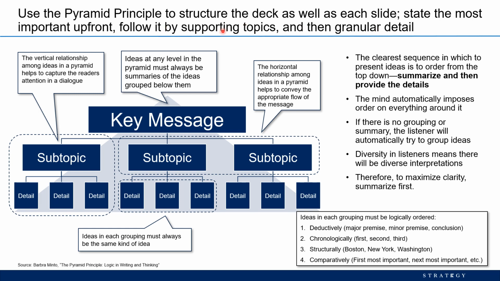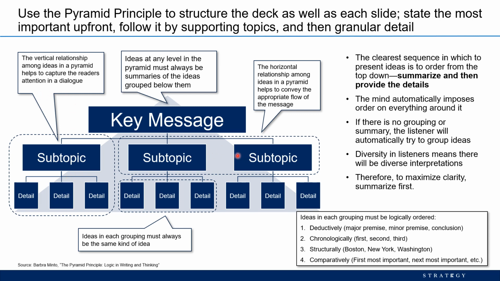Then if we're going to move down into supporting topics, we look at this graphic. This graphic very quickly can convey what the pyramid principle is just by looking at it. Then you see, okay, if I want to learn more about the vertical relationships, I'd read this callout.